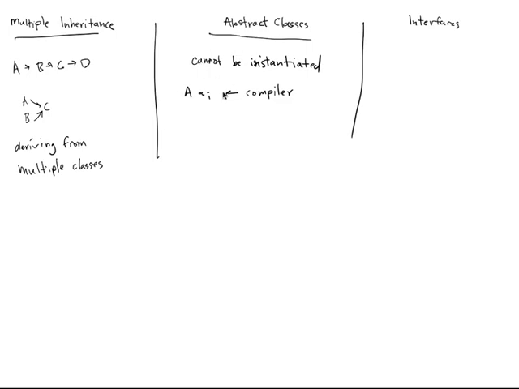And we do this by marking a method as pure virtual. And essentially what that boils down to is assigning a function the value of 0. And I'll show what that actually looks like in code.